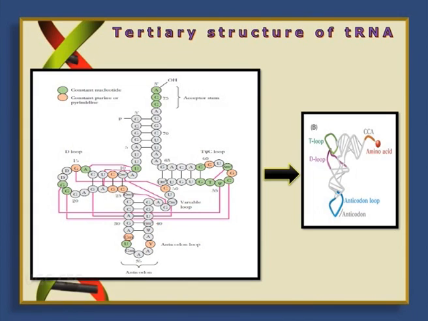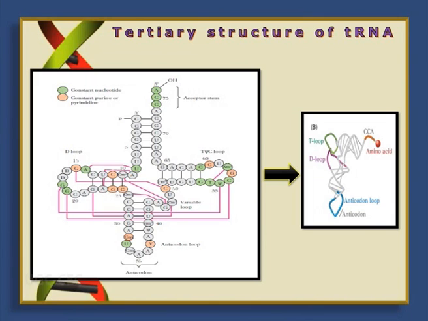Let us now see the tertiary structure of tRNA. We have already discussed the cloverleaf model of tRNA. The tertiary structure is formed when the bases of the D-loop hydrogen bond with the bases in the T-psi-C loop, or the bases in the D-loop hydrogen bond with the bases present in the variable loop.